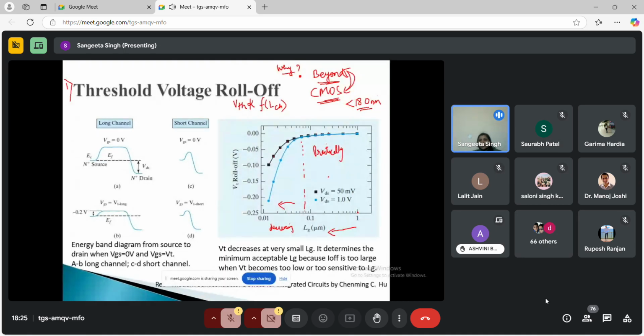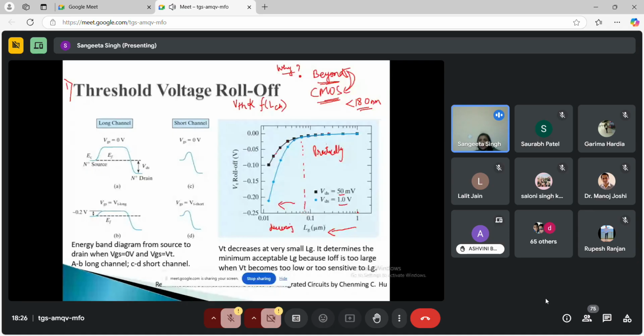on applied VDS. Please see, in the first case where the graph is the black one, applied VDS is 50 millivolt, and in the blue case, the VDS applied is 1 volt. So where is VTH roll off more, in the black case or in the blue case?